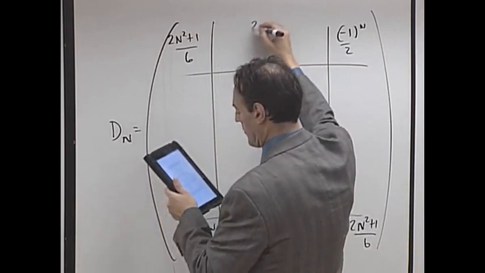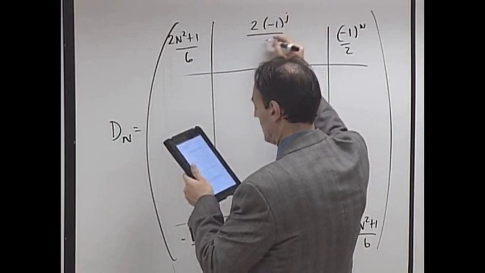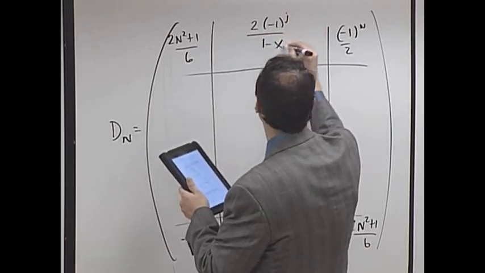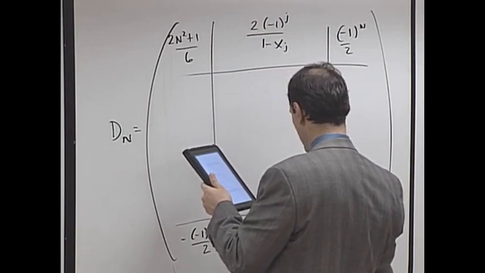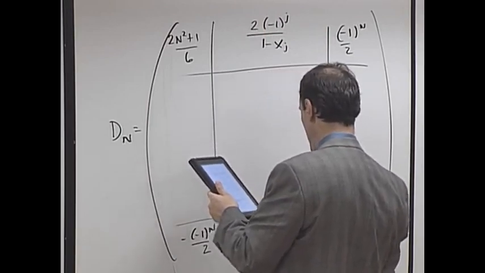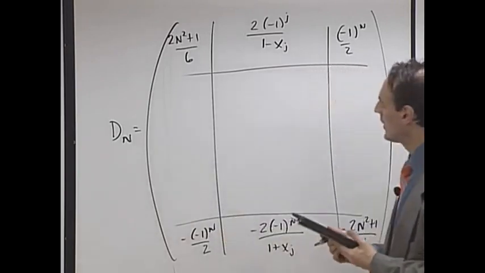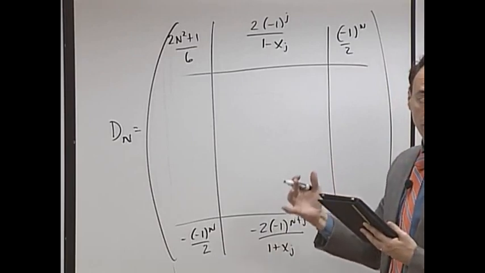And here on this first row, here's what the first row elements look like. Minus 1 to the n plus j, 1 plus x of j. Okay? i is the row, j is the column.